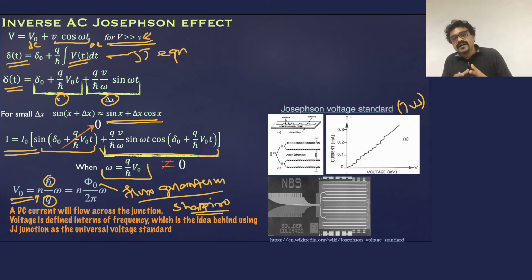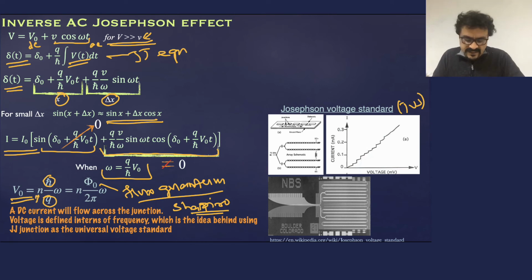Depending upon what voltage you want to standardize, the number of junctions goes up accordingly, because every Josephson junction is going to give you only V0. If you need more, you have to put them in series. So a 10 millivolt Josephson voltage standard and a 1 volt standard will be different in size; they will have more junctions. Anyway, that is the technology aspect. But the point here is that this phenomenon, the inverse AC Josephson effect, is the main workhorse behind the Josephson voltage standard. It's one of the quantum metrology standards.